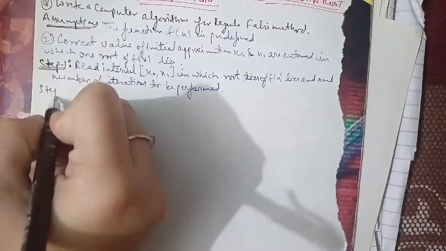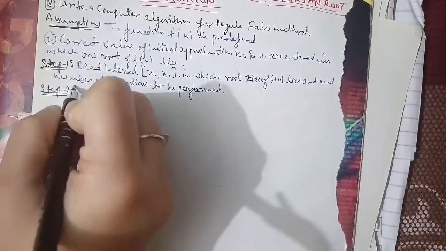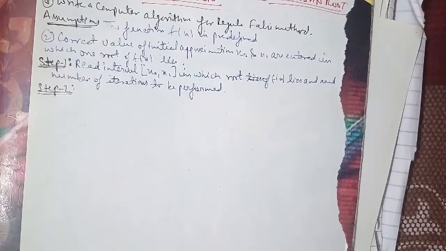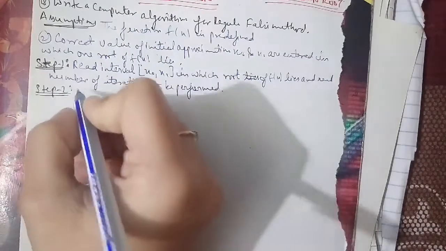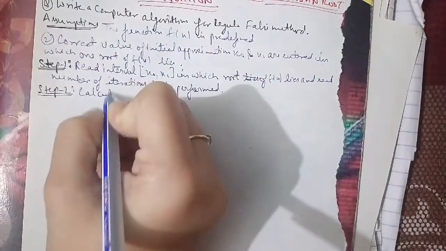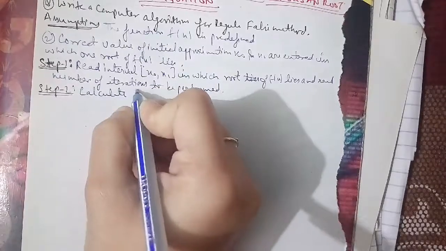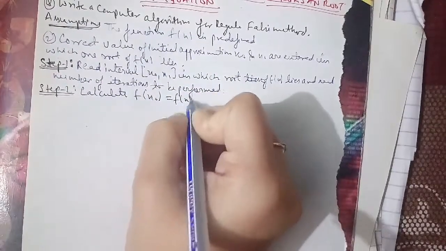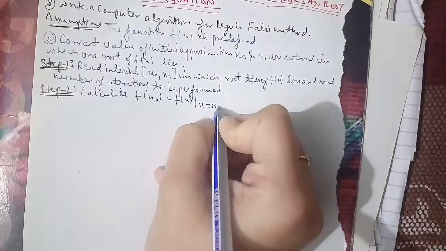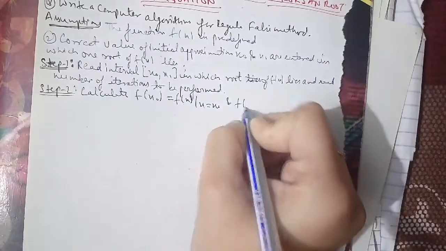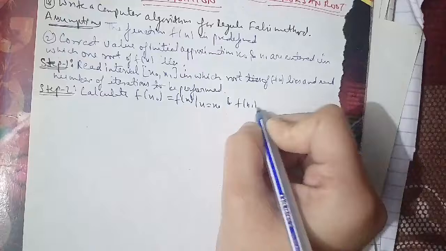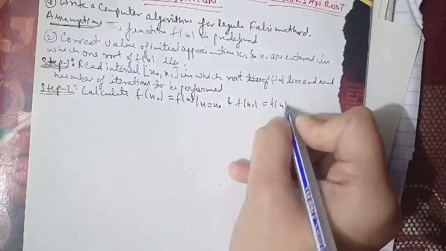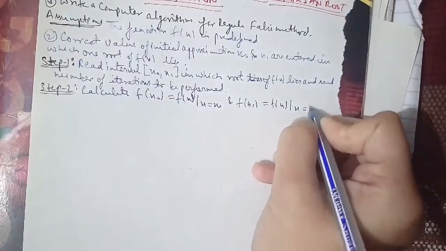Now for step 2, we calculate f0 equals f(x) where x equals x0, and f1 equals f(x) where x equals x1.